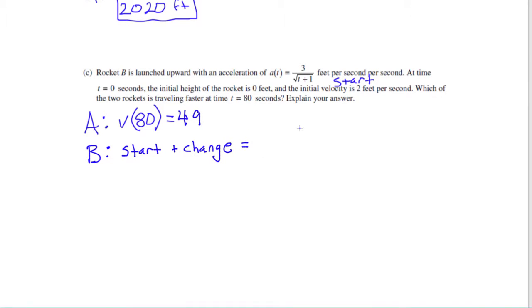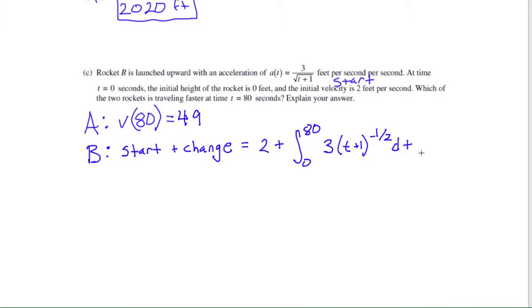So my start is 2, my change is from 0 to 80 seconds of my acceleration function. And I'm going to rewrite this. I don't like fractions and I don't like square roots, so I'm going to say 3 times (t plus 1) to the power of negative 1/2 dt.